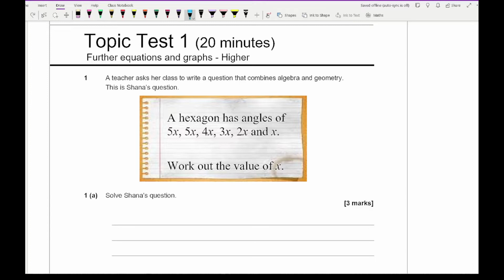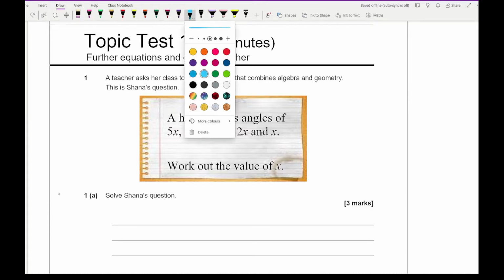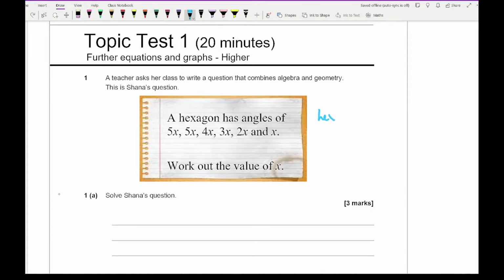So looking at this, we know that a hexagon has 6 sides. And we know that the total sum of angles is going to be the number of sides take away 2, which in this case is 4 times 180, which gives us 720 degrees.